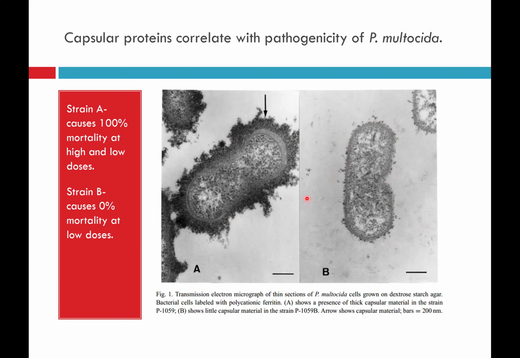And they found out that if you infect a test animal with your strain A, which has the capsule, then it will cause 100% mortality at high and low doses. And then your mutant or capsule-deleted bacteria will cause 0% mortality at low doses. So this experiment tells us that the capsule is a very important virulence factor for your Pasteurella multocida.